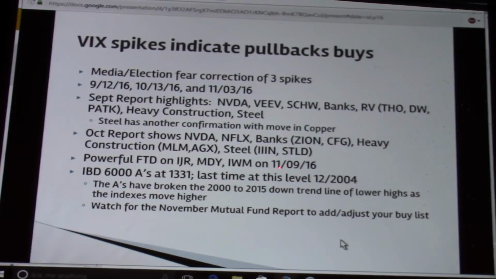Powerful follow-through day on the day after the election in these 3 indices. And they were already up 3 days going into that, so this was day 4. And by the way, on the 10th and 11th, they did 2 more follow-through days. And yet, what's the big picture saying right now?